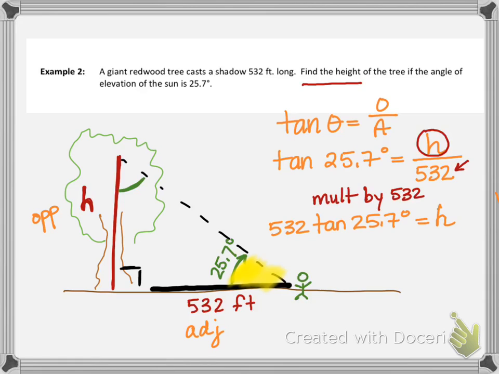Once I type that into my calculator, again, make sure that your calculator is set to degree mode. You'll end up at 256.03, and don't forget your units, feet. So here is your final answer as far as the height of the tree.